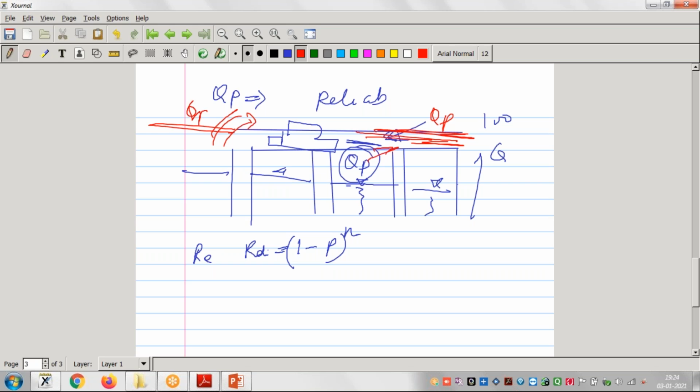So this Qp has crossed the bridge, and what is that risk? The risk is 1 minus q raised to the power N, that is the formula for risk. So you remember this risk formula.